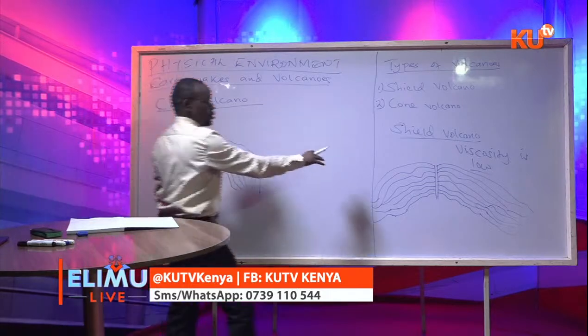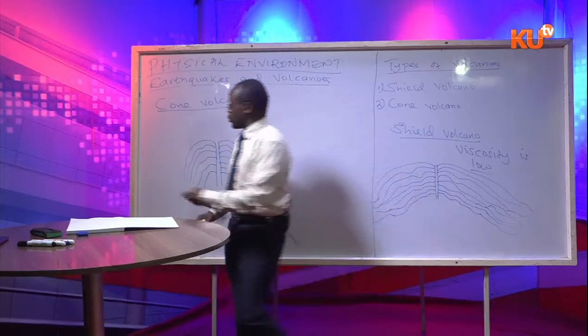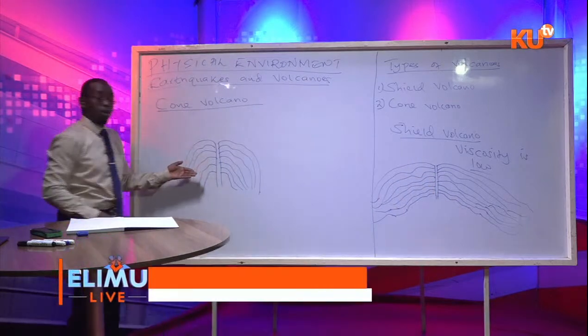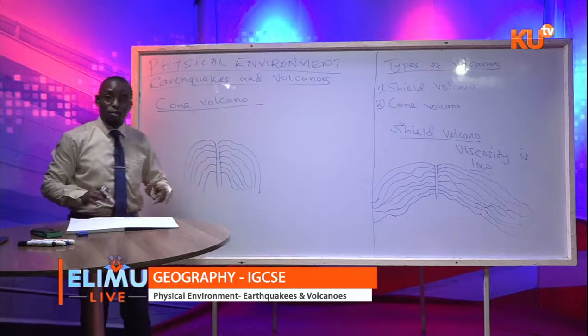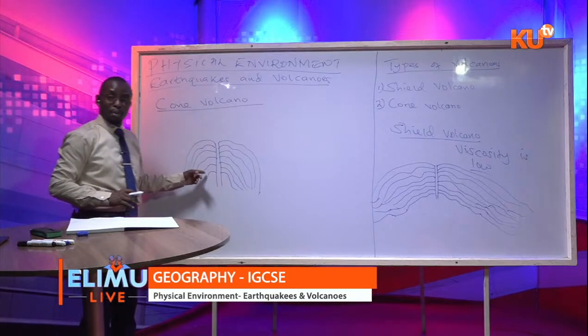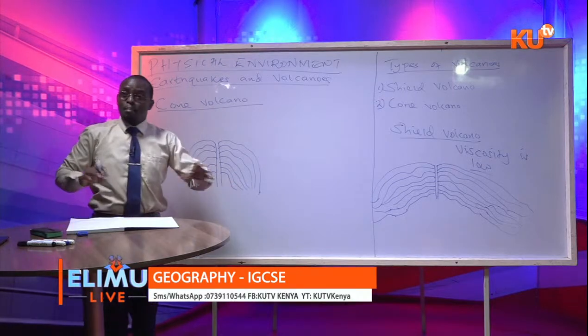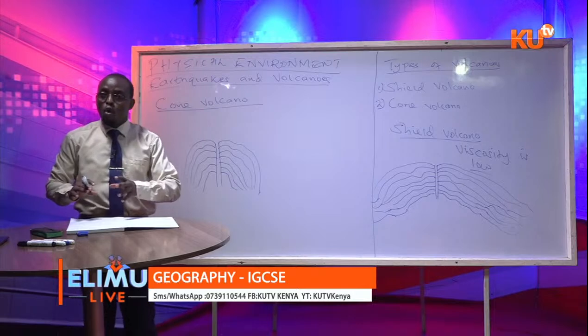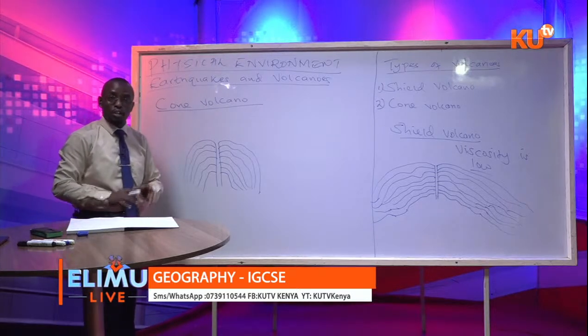One volcano, the shield volcano, is a gently sloping volcano. Then we have the cone volcano, which is a steep sloping volcano. Why is this steep sloping? This is because in this kind of volcano, the magma does not flow far before it cools down and solidifies.